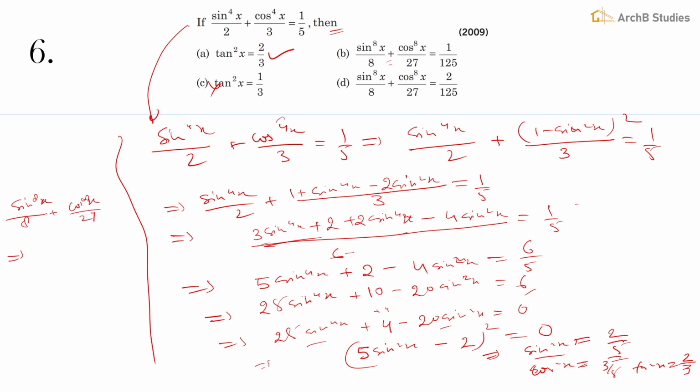Sin^2 x is 2 by 5. So 1 by 8 into (2 by 5) to the power 4, plus 1 by 27 into (3 by 5) to the power 4.